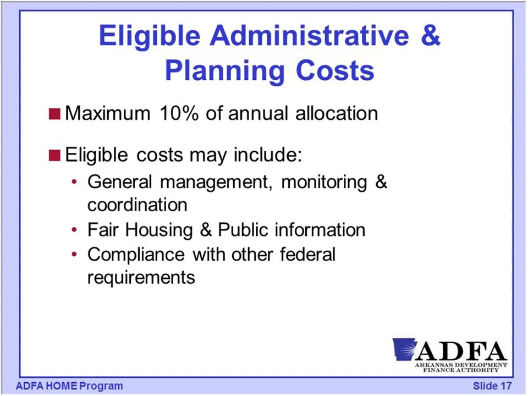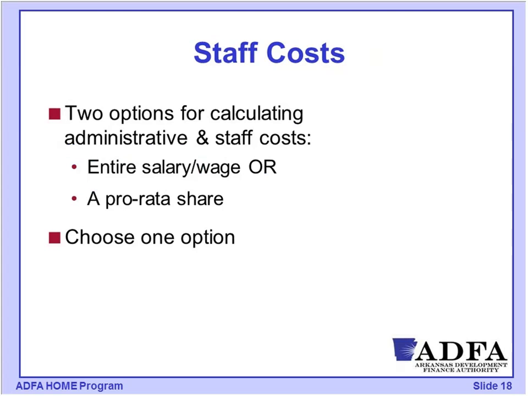So if we had Davis-Bacon labor standards that were triggered, it'd be the oversight on implementing those labor standards, making sure that workers were appropriately paid. This cap that's put in place by HUD covers not only what ADFA is doing, but also what a recipient of those funds is held to.